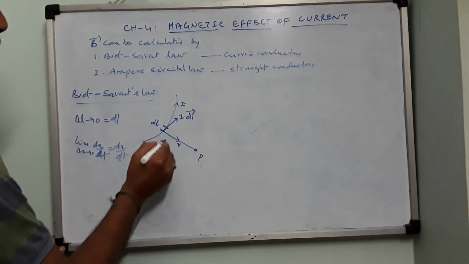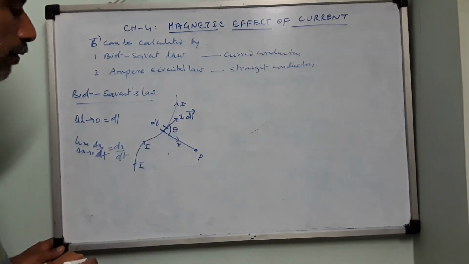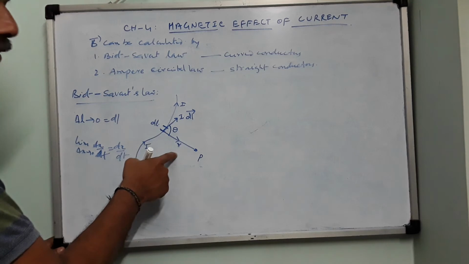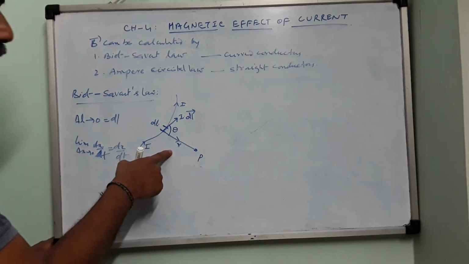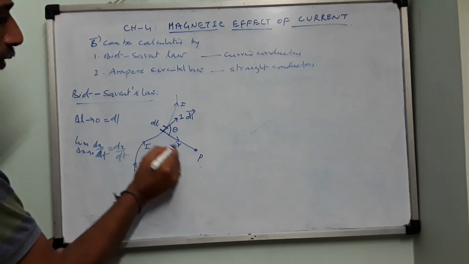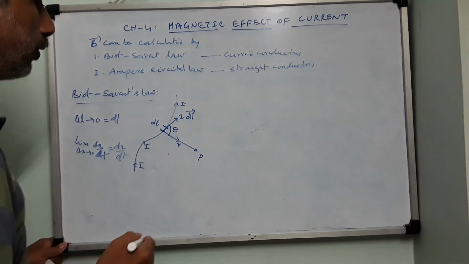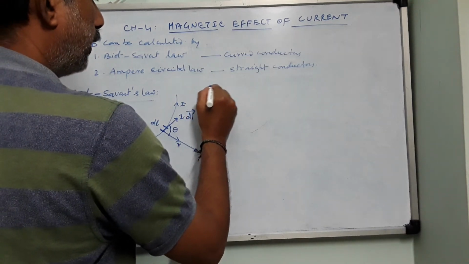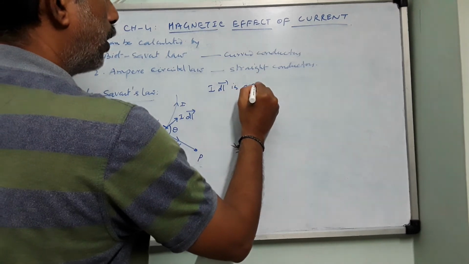Now let theta be the angle between these two: the current element and the radius vector, or position vector. If this is the origin and this is point P, this is the position vector. So Idl is a small current element.